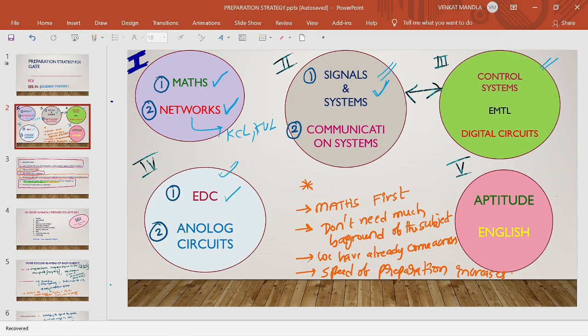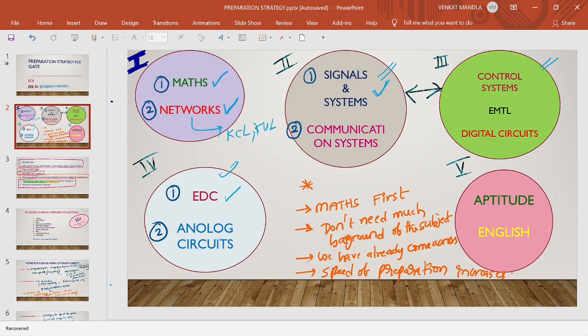Both the continuous time Fourier transform and the discrete time Fourier transform are needed to analyze the signals. So first complete signals and systems, and immediately start your communications. That will definitely be helpful for you.